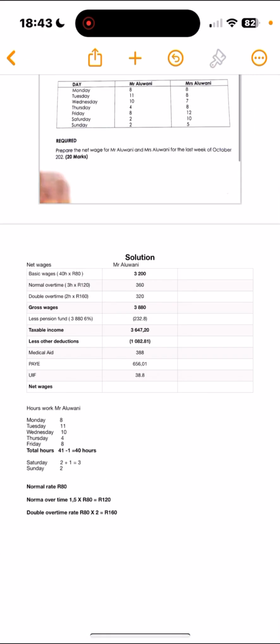And then less other deductions, you take this amount and subtract it from the taxable income, and you are going to get the net wages.